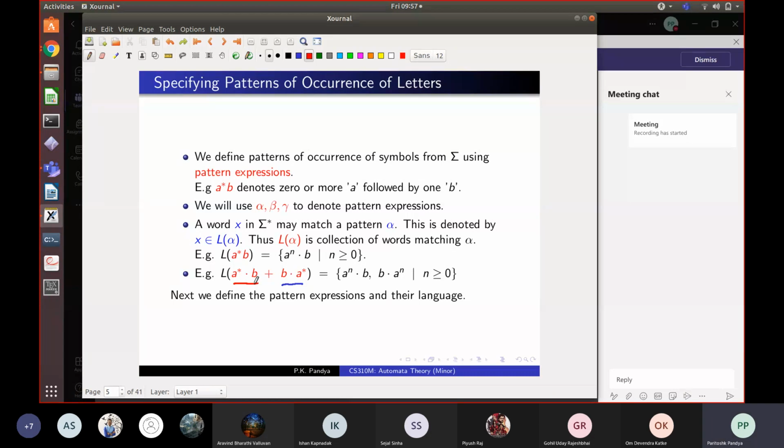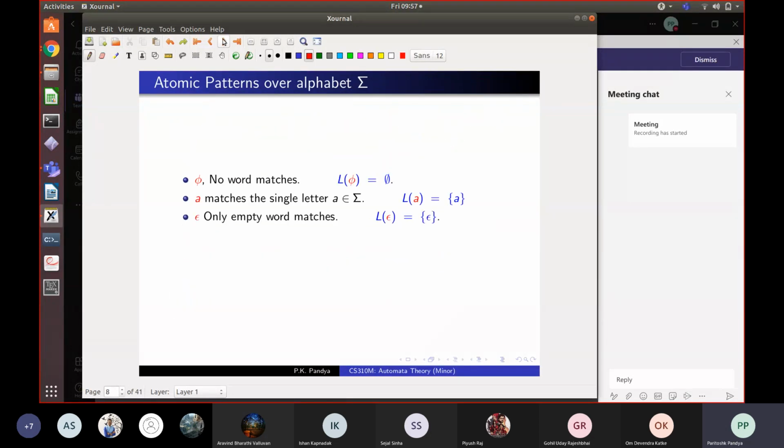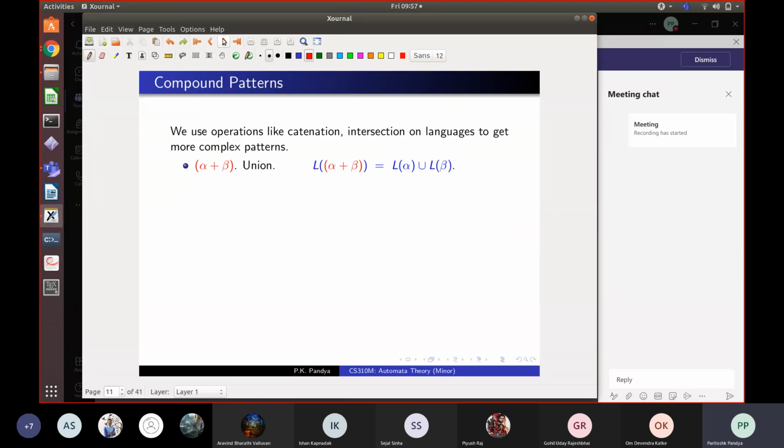Now let's say that we know how to calculate the language of A star B, which is an arbitrary number of A's followed by B. And BA star is B followed by an arbitrary number of A's. Then plus is the union of these two, right? But that was one particular example. Here we are defining it in general. So is the notion of alpha plus beta clear to you? And its meaning?